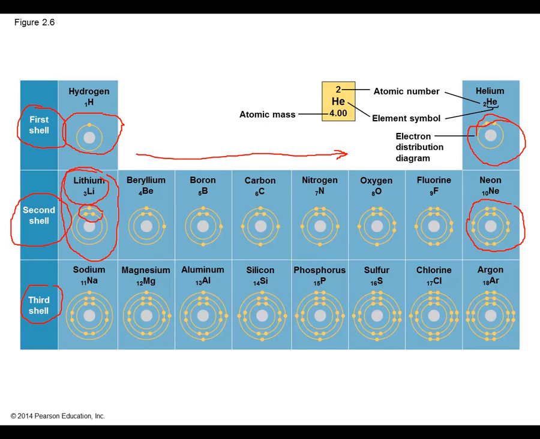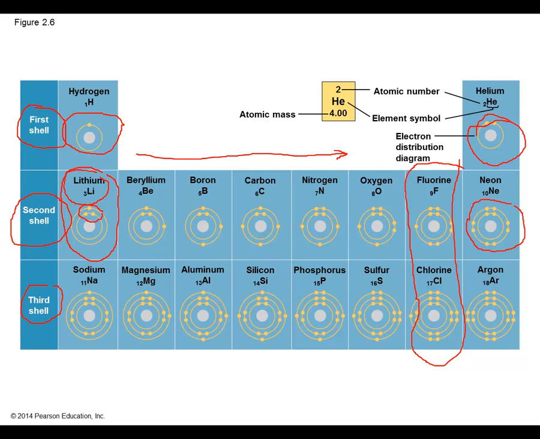And atoms with the same number of electrons in their valence shells have similar chemical behavior. So if you go down the list here, for our example, fluorine and chlorine behave similarly. In fact, they both can form compounds with sodium in the form of salts. So an atom with a valence shell completely filled with electrons is chemically unreactive or inert.